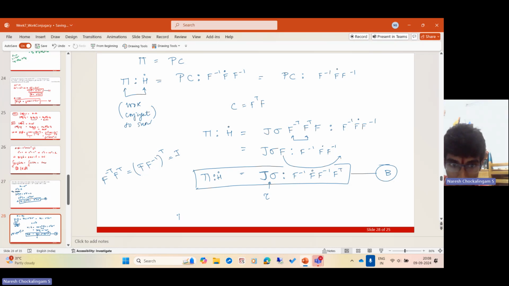We have this F inverse, F dot, F inverse, F transpose. F dot is equal to LF. So I have F inverse, LF, F inverse, F transpose, which leaves us with F inverse. What is LF? F F inverse is I. So we get F inverse L F transpose. Okay.